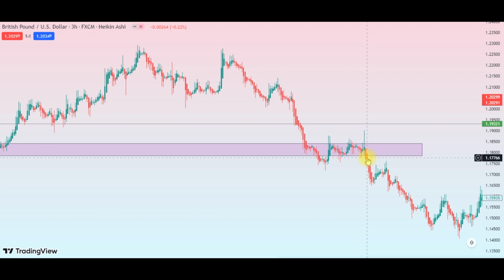You always have to find your own way of trading and your own strategy you feel comfortable with, but especially for beginners, I would always recommend doing swing trading on higher time frames, like the 3-hour time frame we used here, for example, and not going down to the smaller time frames like the 5-minute or even the 1-minute chart.